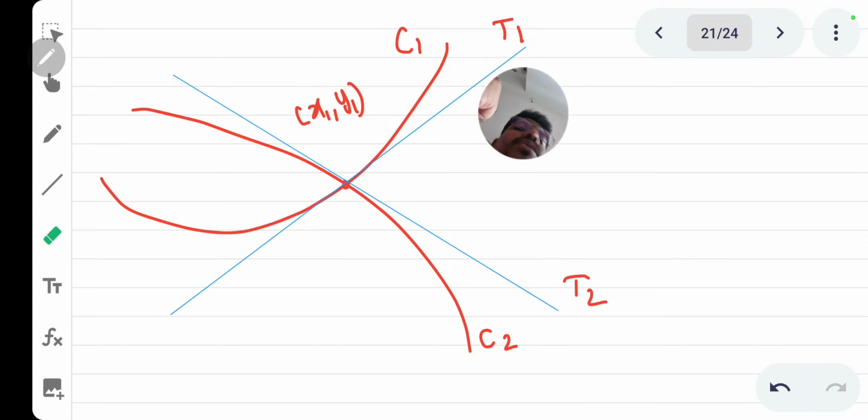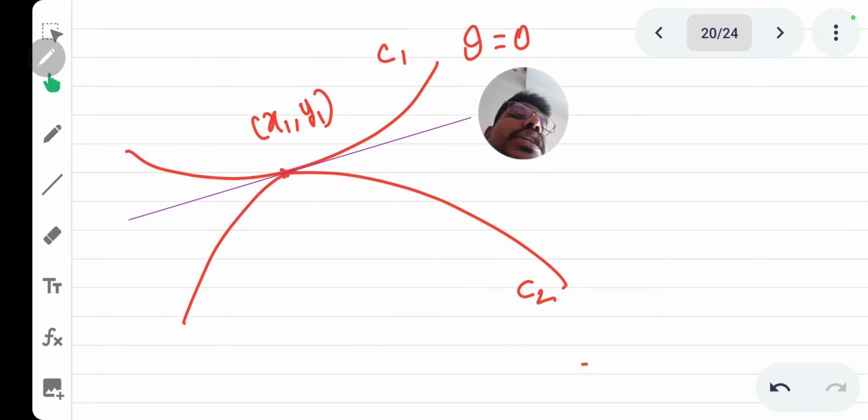Now, in order to calculate the angle between the curves, all you need to do is find out the slope of the tangents and find out the angle between the tangents. The angle between the tangents is actually the angle between the curves. Okay, as the curves were intersecting each other, there were two different tangents, hence there is an angle between the two tangents.